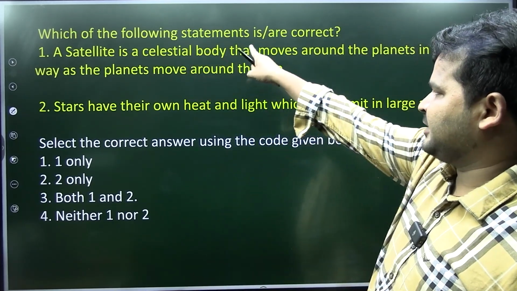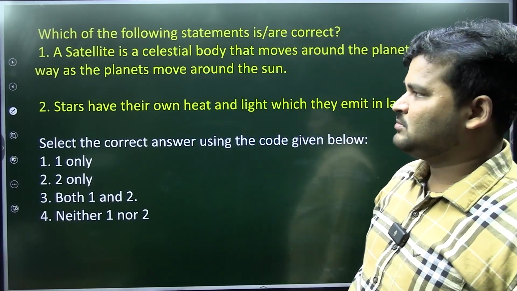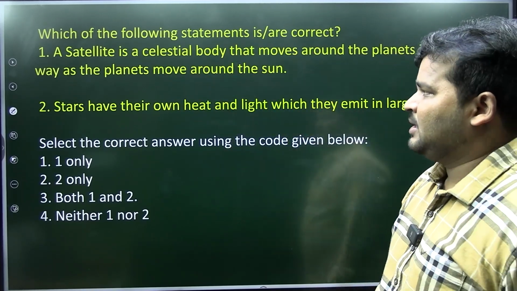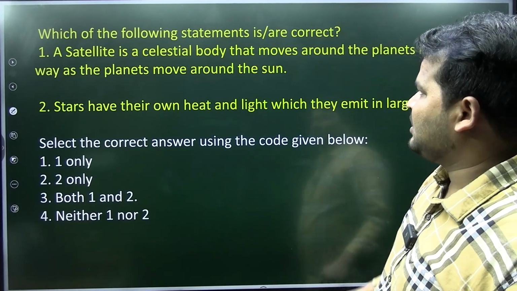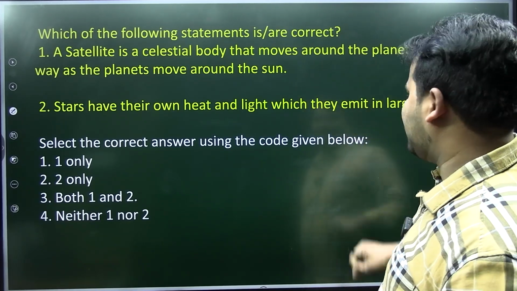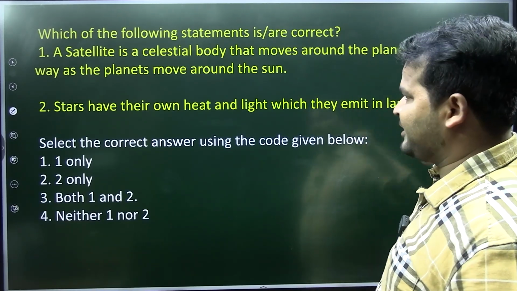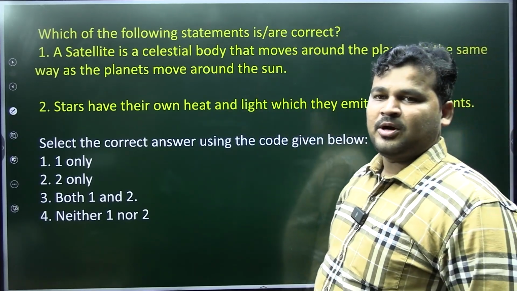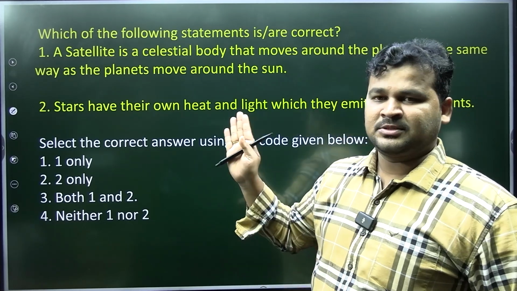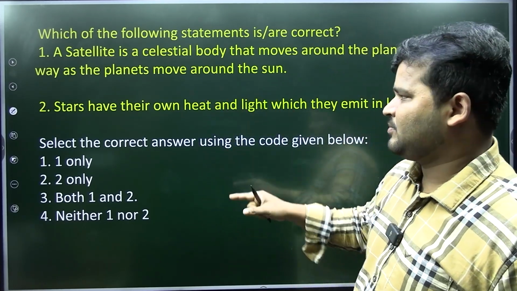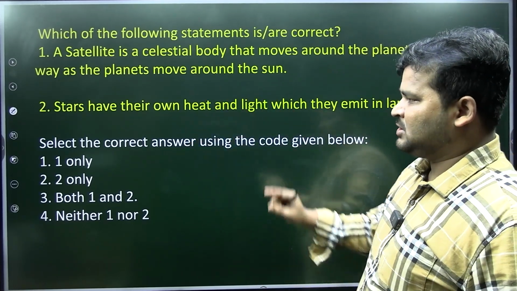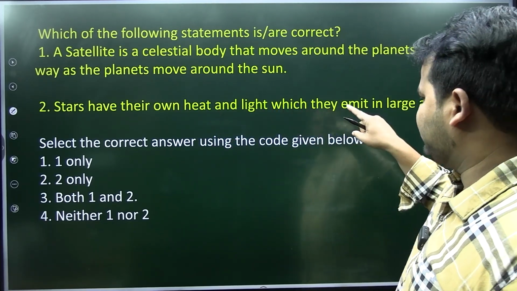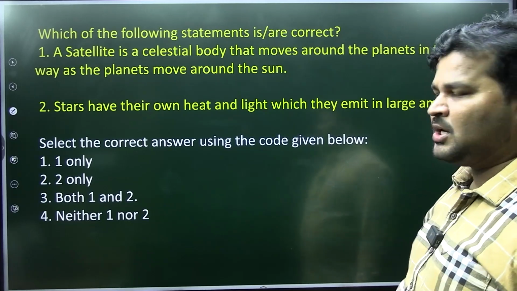Which of the following statements is correct? Statement 1: A satellite is a celestial body that moves around the planets in the same way as the planets move around the sun. Statement 2: Stars have their own heat and light, which they emit in large amounts.